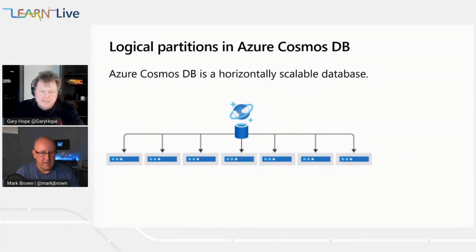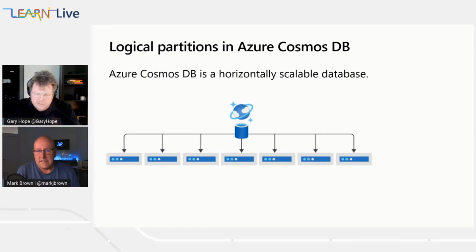Yep. Let's talk a little bit about choosing the partition key. You mentioned up front, Mark, that this was an important part of our design process. It is. Now, you remember earlier I said Cosmos DB stores data in containers, and these containers are functionally like a logical wrapper around these partitions, which is where we physically store the data.